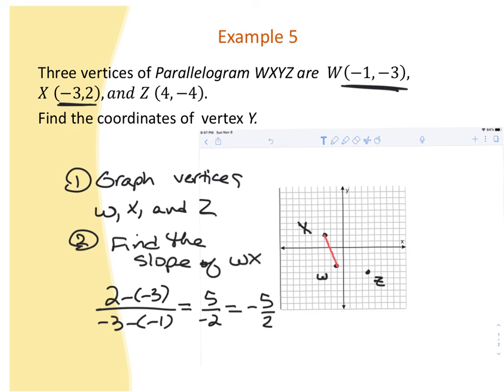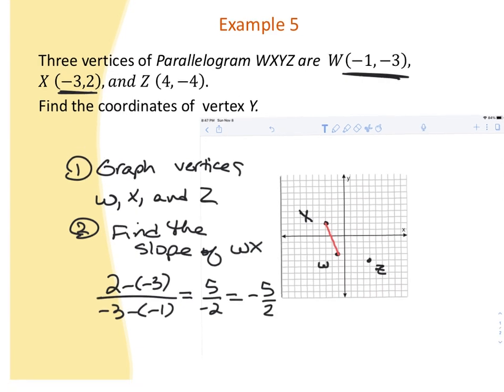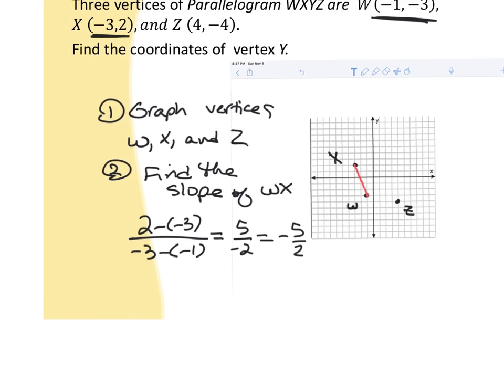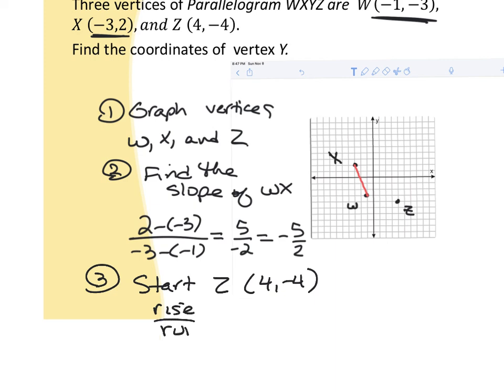So now, to figure out where that fourth coordinate is going to be, I'm going to take that slope and start at the ordered pair for Z, because I need to make the connection and find where YZ is. So I'm going to start at point Z, which is 4, -4, and use the slope, the rise and the run.